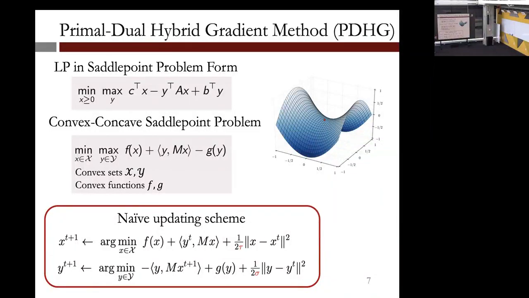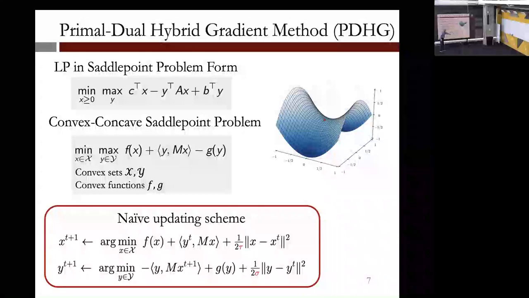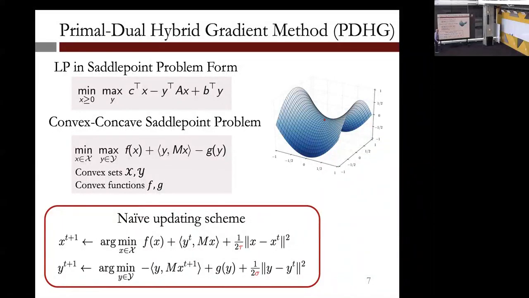And here is, I would say, a naive updating scheme. So how would you do this? The naive thing to do is: let me take my y as fixed, and then take a step in the gradient of everything that's left over here. That's equivalent to what I've written down here with a step size of tau. That gives me x_{t+1}.